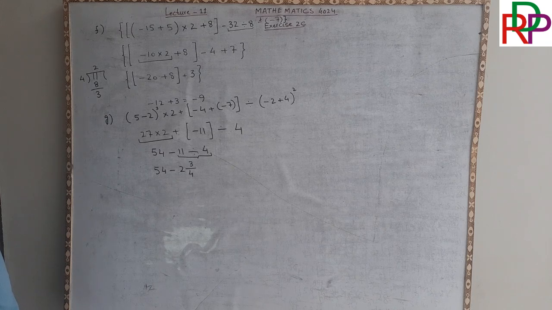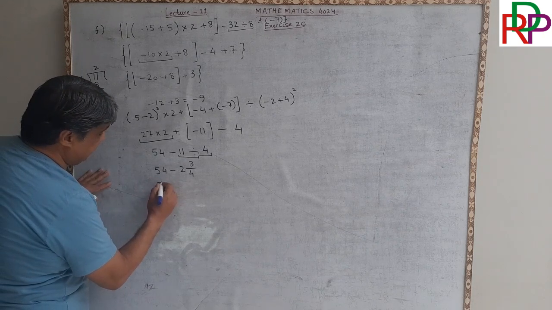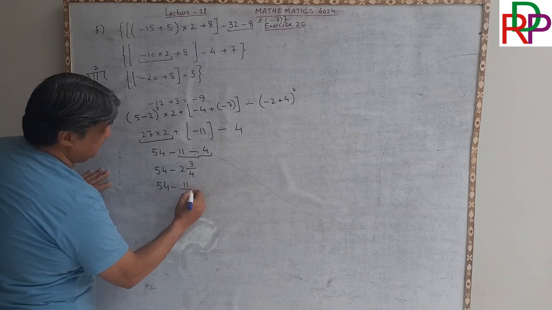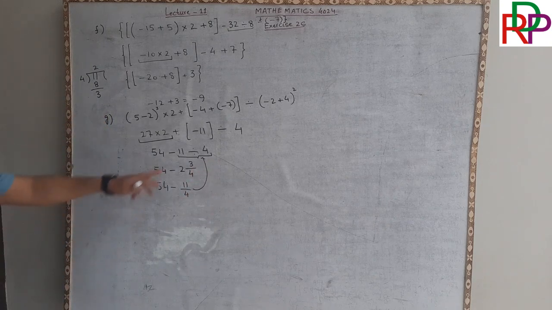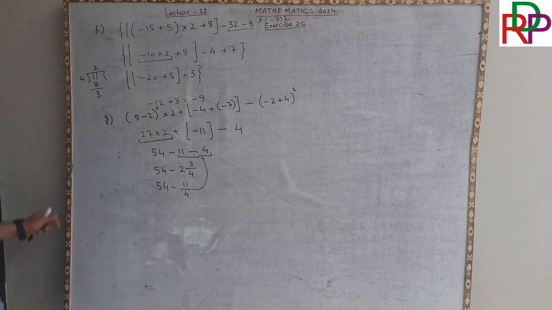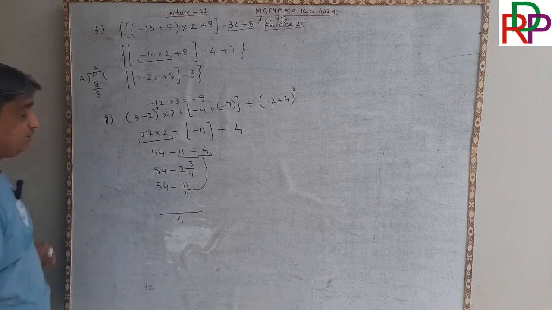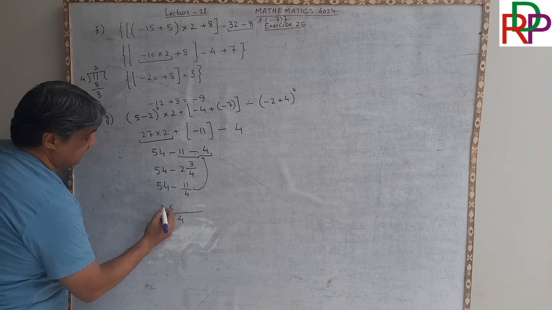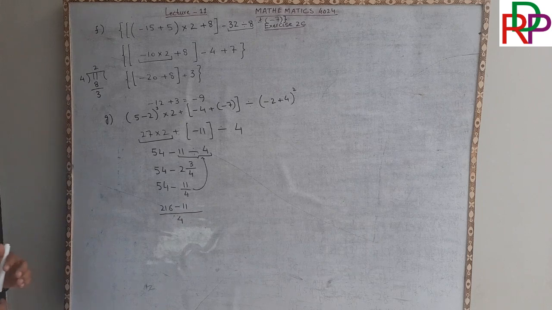Okay, ladies and gentlemen, now we have to simplify this. Again, I am writing 54 minus 11 divided by 4, which is this one. Now I am taking the LCM as 4. 4 fours are 16, 4 fifties are 200, and this is 11.